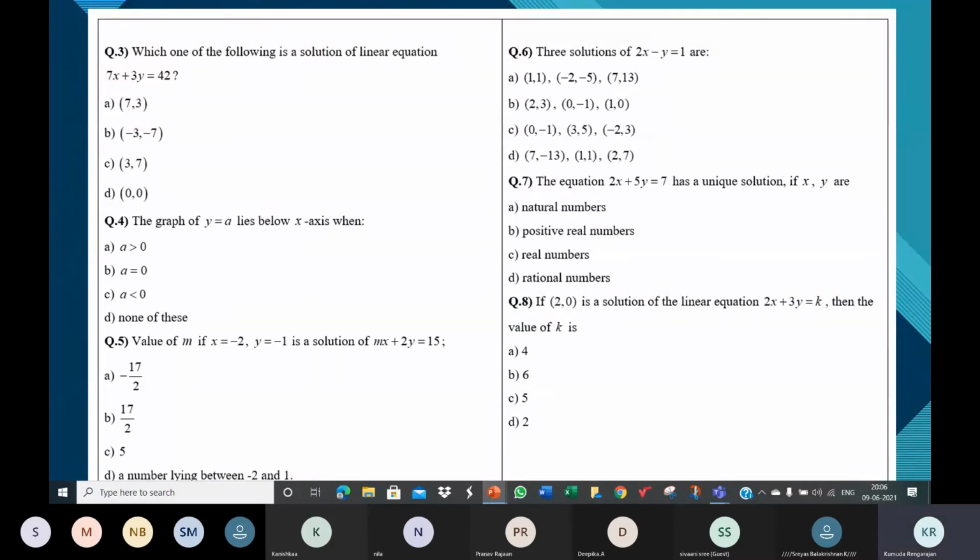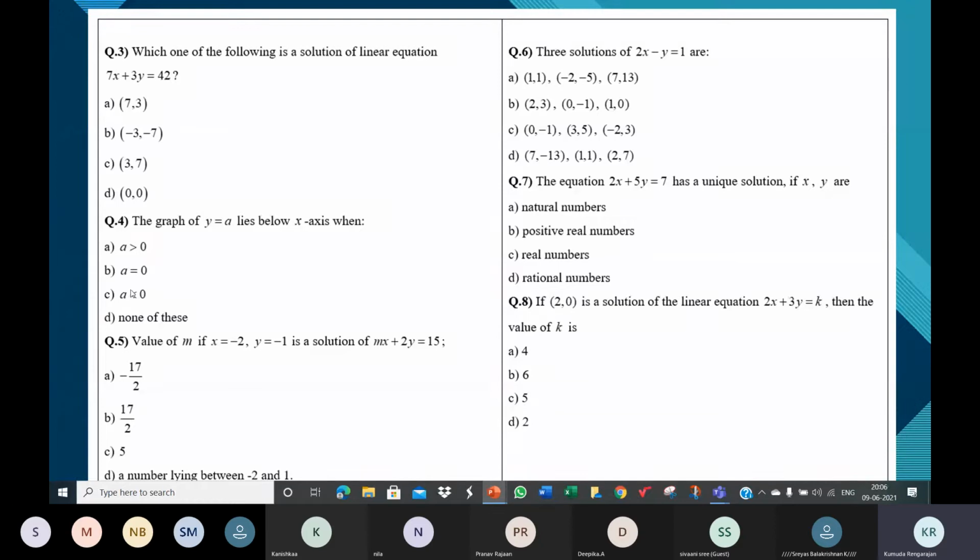The graph of y is equal to a lies below the x-axis when the value of a is negative. If it's above the x-axis, the value of a is positive. When a is positive, we say a is greater than 0. When a is negative, we say a is less than 0.